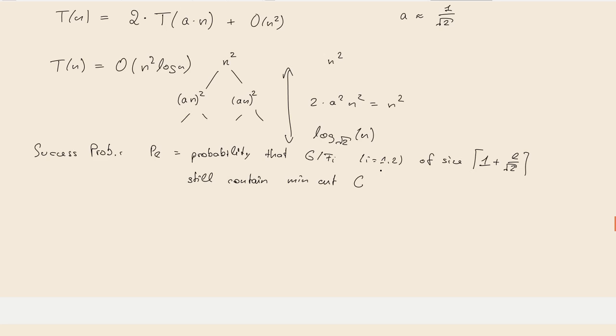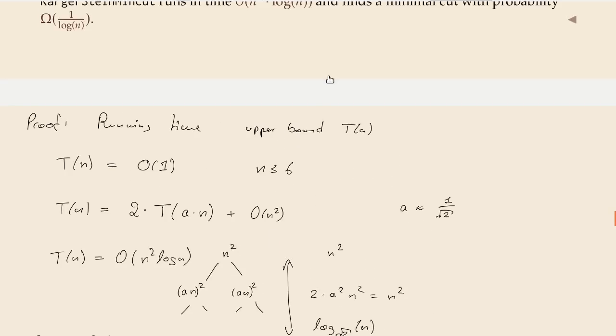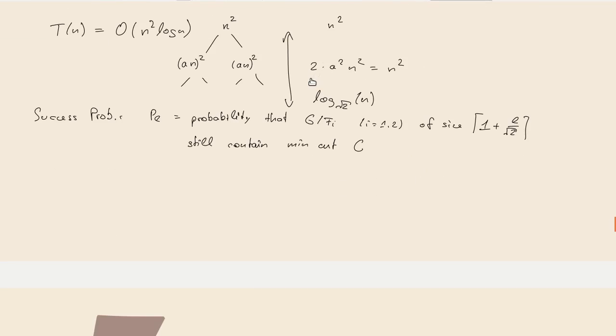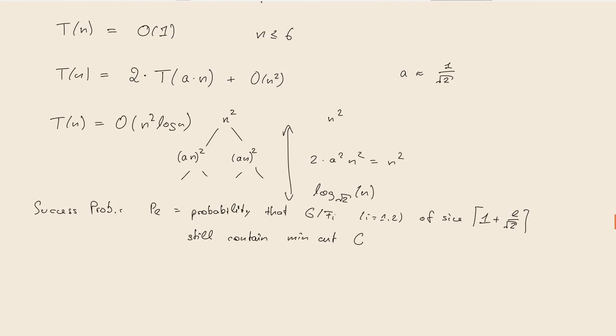And well, by this I mean one of the graphs. So you pick 1 or 2 here. The probability is the same for both because it's an independent repetition of the same experiment. And so this is the probability that a single step in the algorithm, the contractions here or the contractions here, do not contract any edge in the cut.